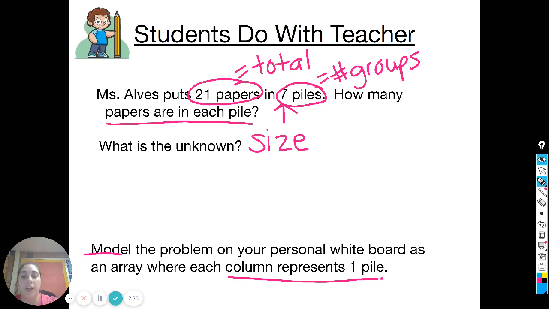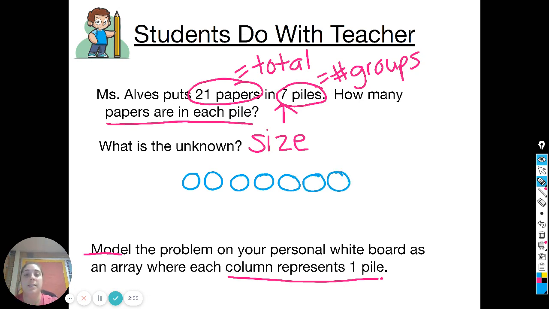Okay, so if you're working on your array, continue. We know that we have 7 piles. Each column needs to represent a pile. 2, 3, 4, 5, 6, 7.